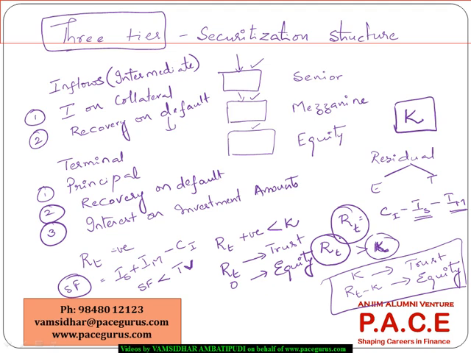As long as your RT is greater than K, the K is going into the trust and earning interest. At the same time, if any defaults have occurred, the recovery, 30%, 50%, whatever it is, on those defaults also goes into the trust, accumulating value year over year.